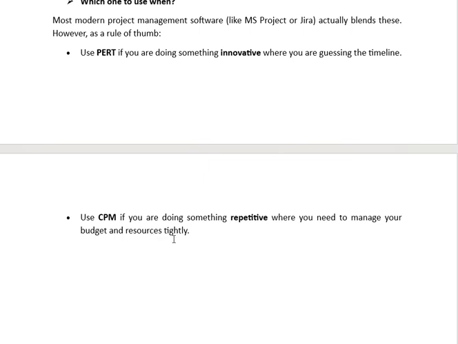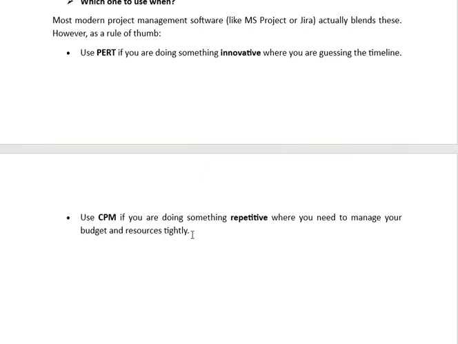Use CPM if you are doing something repetitive where you need to manage your budget and resources tightly. Let's say you are making a pizza, let's say Domino's or Pizza Hut making a pizza. They can use CPM because they are making pizza on a regular basis. They just have to make some changes in the shift of the workers or whatever pizza they are making on the timeline.